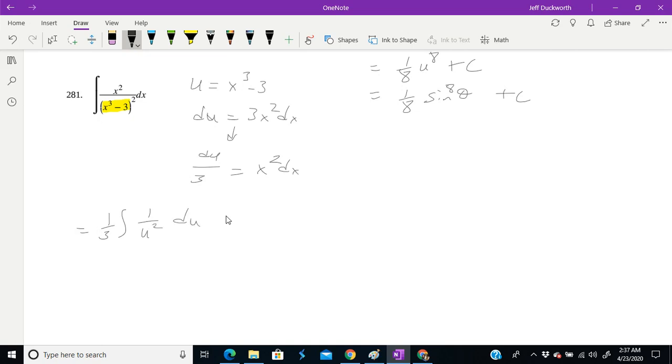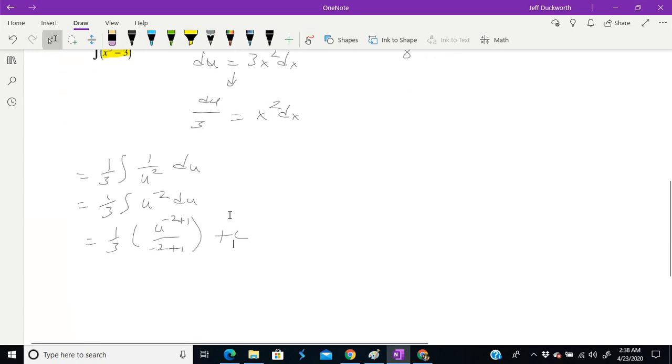And this is something we can take the integral of, because this is 1/3 integral of u to the negative 2 du, and that's just the simple power rule. So this is equal to 1/3 times u to the negative 2 plus 1 over negative 2 plus 1 plus c.